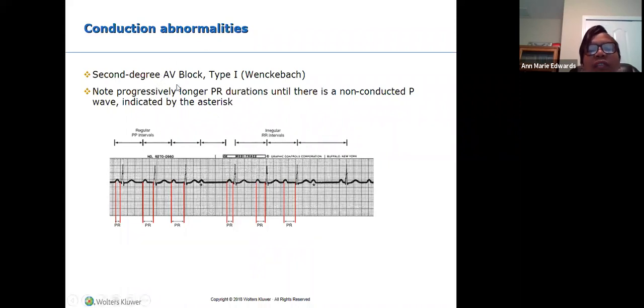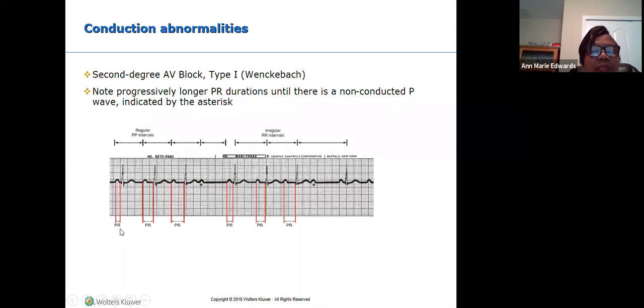In your second degree AV block, type 1, they call that Wenckebach. You have a progressively longer PR duration until there is a non-conducted P wave.